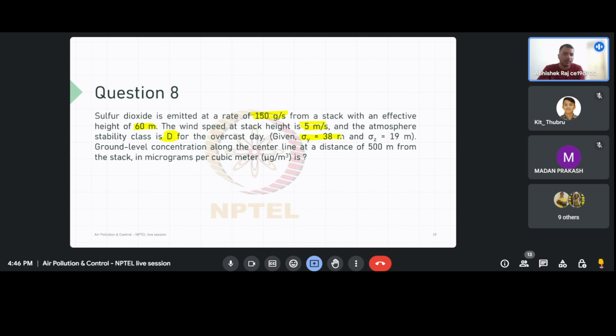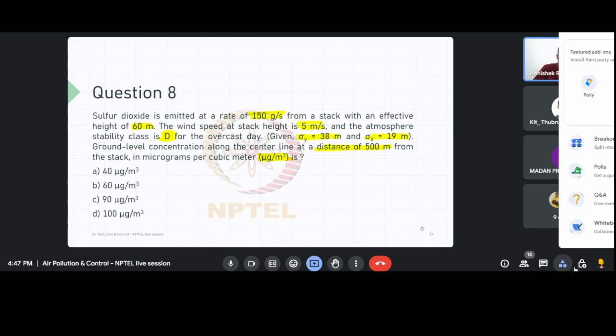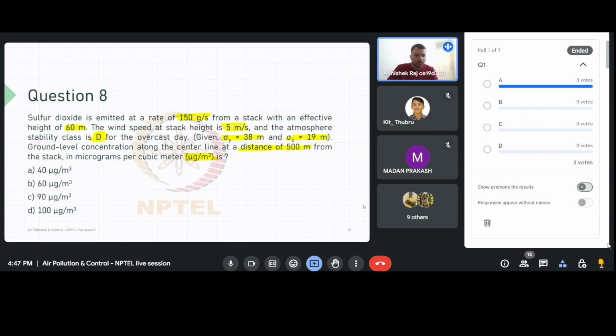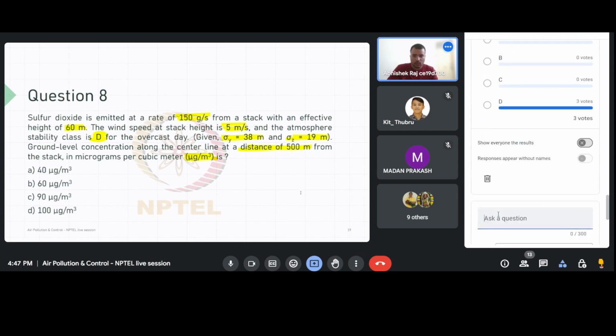Sigma y is 38 meters, sigma z is 19 meters. Ground level concentration along the center line at a distance of 500 meters from the stack needs to be found in micrograms per meter cube. The options are 40, 60, 90, and 100. So take your time, do it correctly.